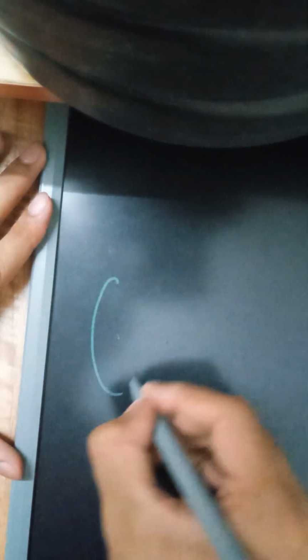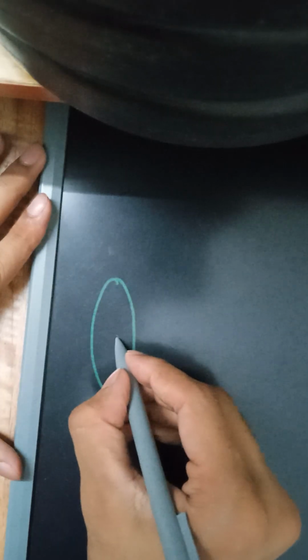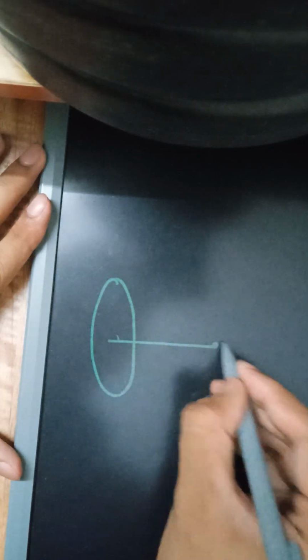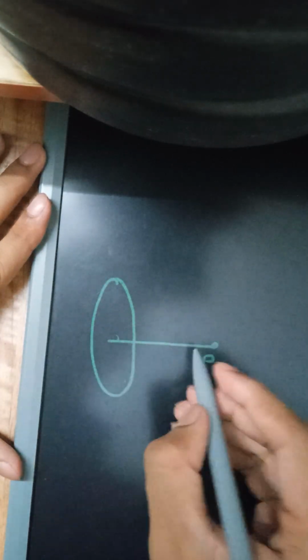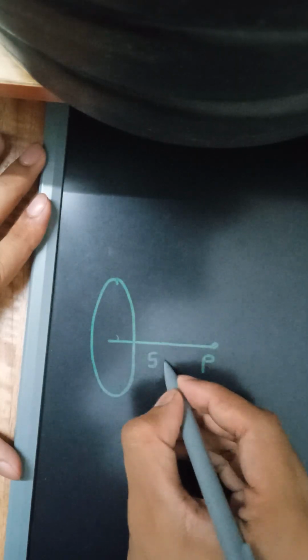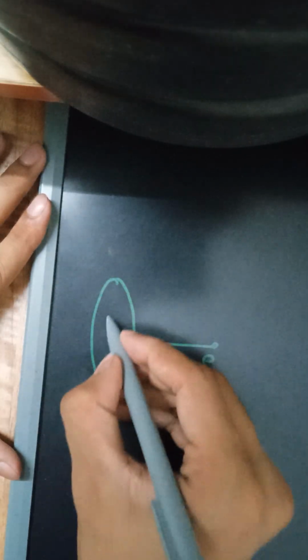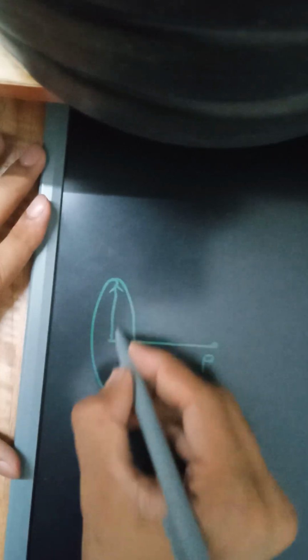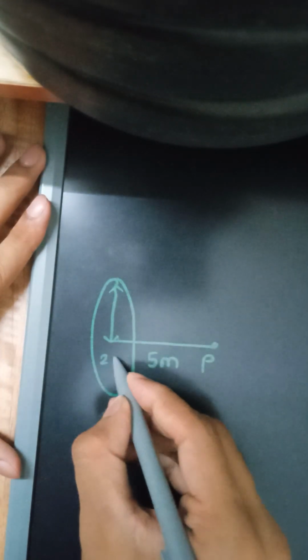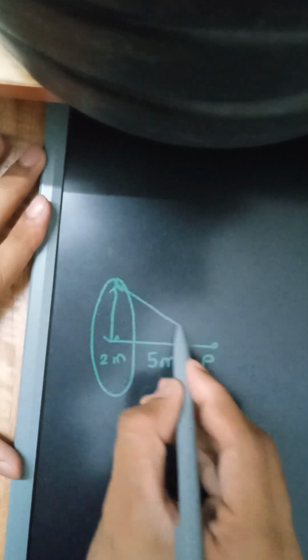If you want to solve some questions, take this question. There is a current carrying loop at the distance. What is the distance, guys? Distance is 5 meter. The radius is 2 meter.